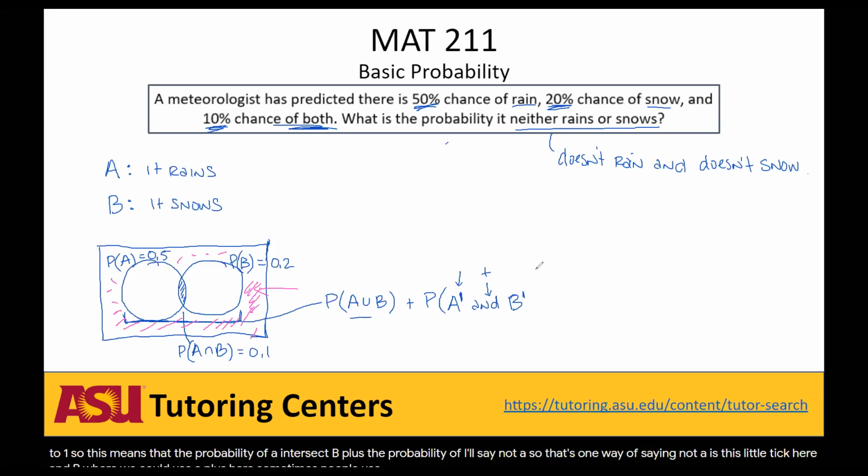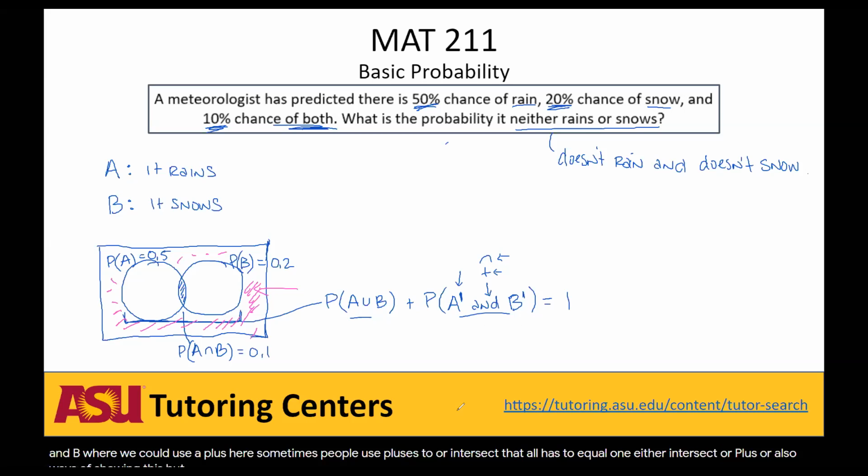Sometimes people use pluses too, or an intersect. That all has to equal 1. So either intersect or plus are also ways of showing this, but I wanted to write it out so it's clear. So what we're looking for is this quantity here, and we know that the whole thing has to equal 1.